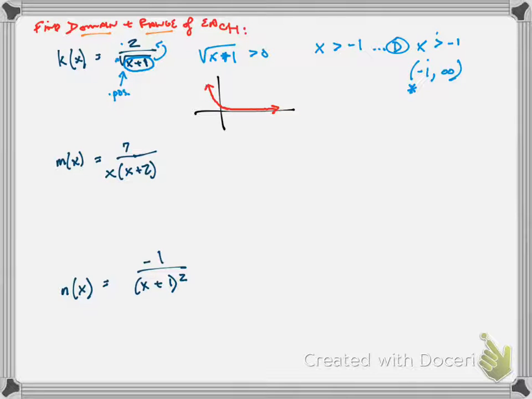I know the arrows don't show up on the graphing calculator, but we actually have a range of y greater than 0, or 0 to infinity. Neither is inclusive. And if you think about that for a moment, again, this is going to be positive.